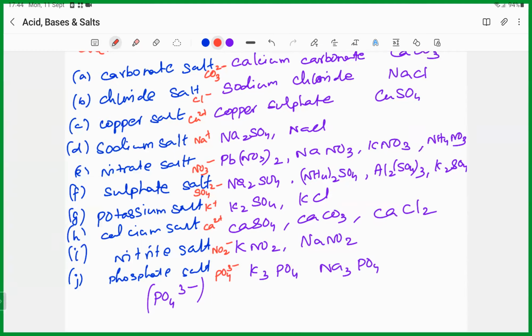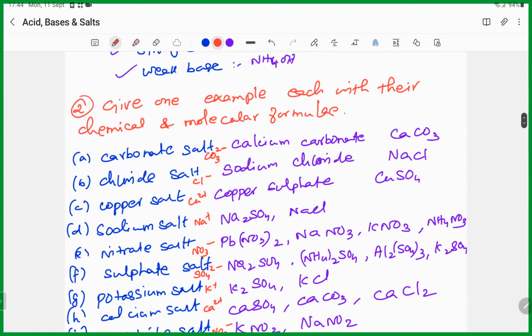What is salt? When the acid and base are reacting, it gives salt plus water. So look at here, calcium carbonate. How will you prepare? Calcium hydroxide with carbonic acid. But this salt is basic in nature. Why? Carbonic acid is a weak acid. You take sodium chloride, it can be prepared by the sodium hydroxide and HCl. So it derived from strong acid, strong base. That salt is neutral.